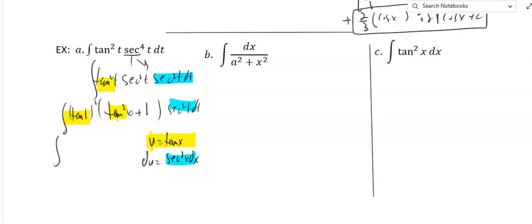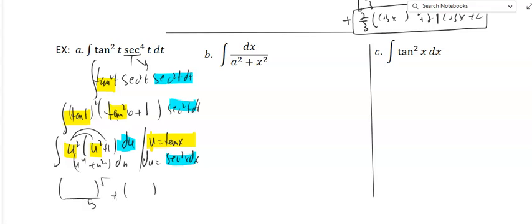That becomes the integral of u squared plus 1 du. That is u to the 4th plus u squared du. Add 1 to the power, that's u to the 5th.